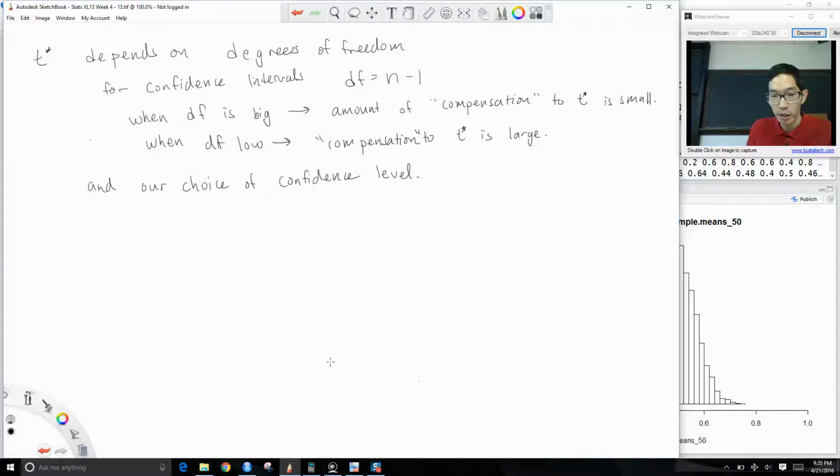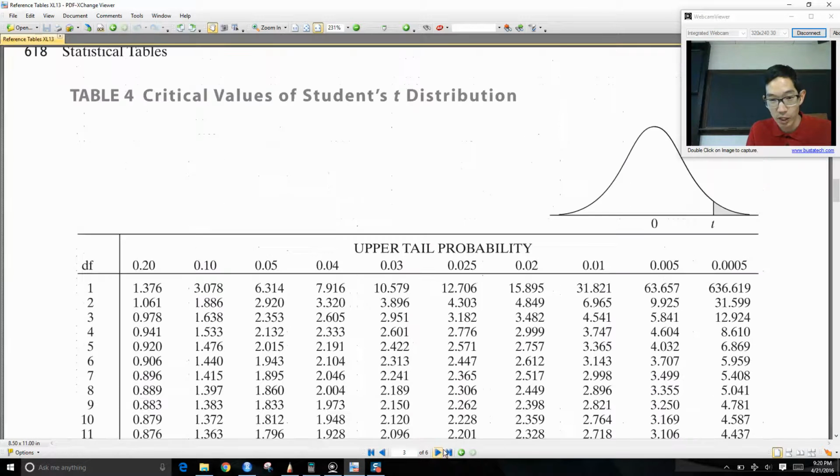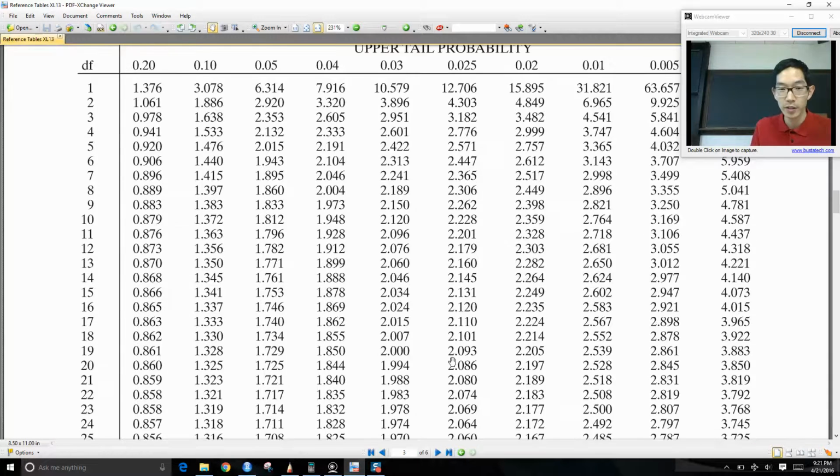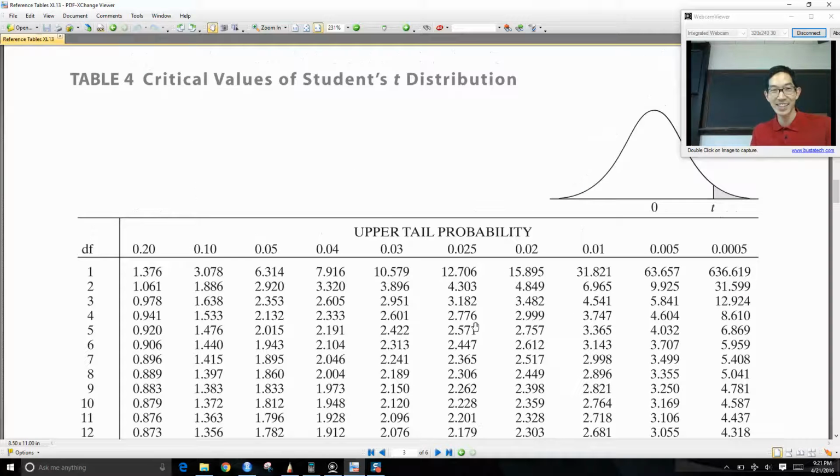So if you go to your reference tables, the second sheet should be the table for critical values of Student's t distribution. That title makes more sense.